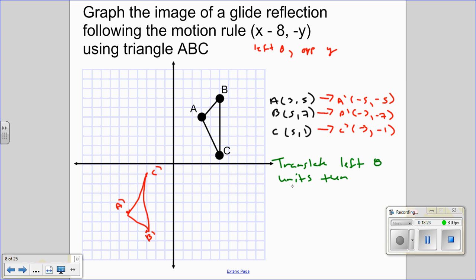Then it reflected across the x-axis. Because if you notice, originally B was on top and then C was on the bottom, but on my bottom picture, C is now on top. So there was a flip that took place in this transformation.